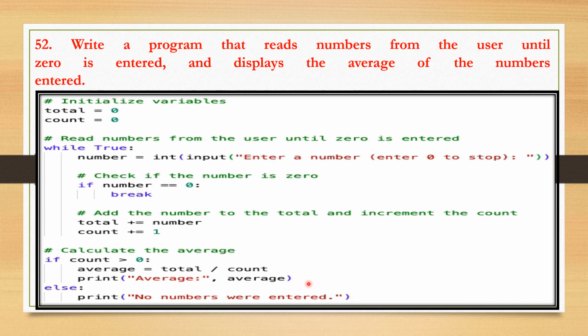By repeatedly reading numbers from the user, summing them up and counting the number of inputs, this program calculates and displays the average of numbers entered. So when the user enters 0, the loop is terminated and the average is calculated and printed if there were any numbers entered. Otherwise, if no numbers were entered, a corresponding message is displayed.